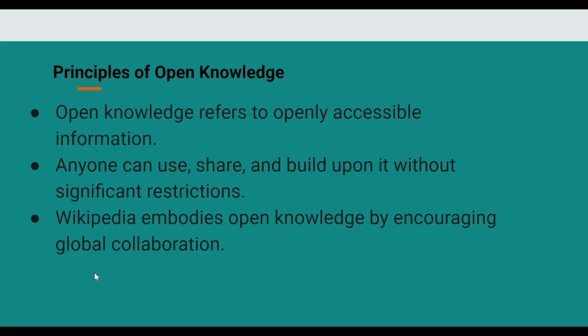The next one is Wikipedia embodies open knowledge by encouraging global collaboration. So on Wikipedia, it is open for global collaboration. The collaboration doesn't have to be only people from a particular region or locality.